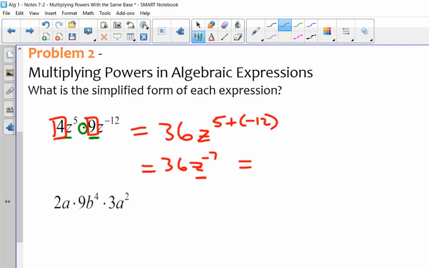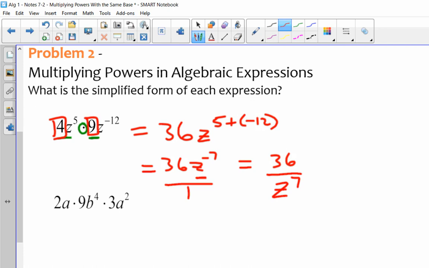So I have to turn this into a fraction, and remember this is over 1, I have to move the negative exponent to the denominator. So I'm going to move that z to the 7th, and when I move it, it changes to a positive exponent, okay? But that will come up a little bit more as we go along.